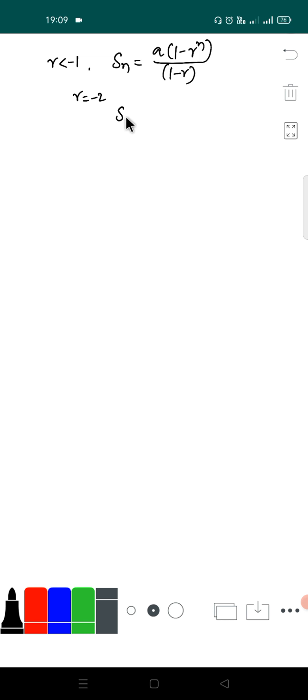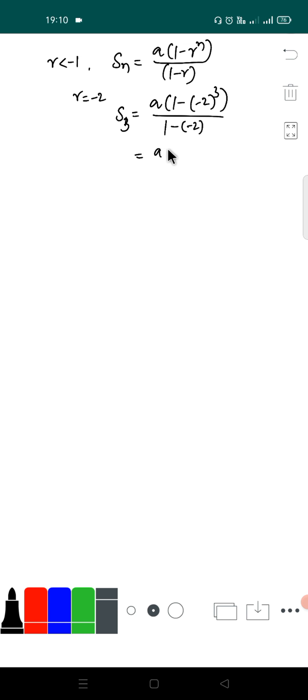If n is 1, that is S1, that's nothing but a. For suppose S3, this is a into 1 minus (-2) to the power 3 divided by 1 minus (-2).